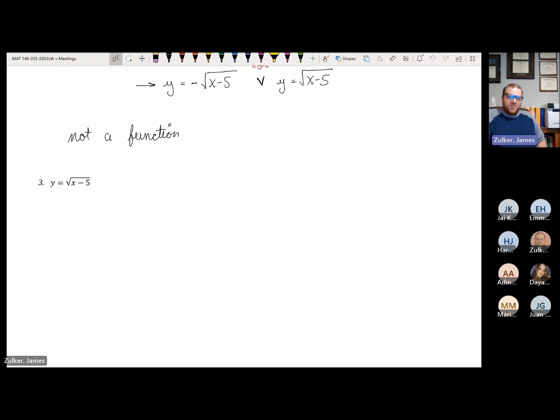If x was 8, you get the square root of 3. This one is a function. The square root of -3 is a complex value, which we're not considering just yet.